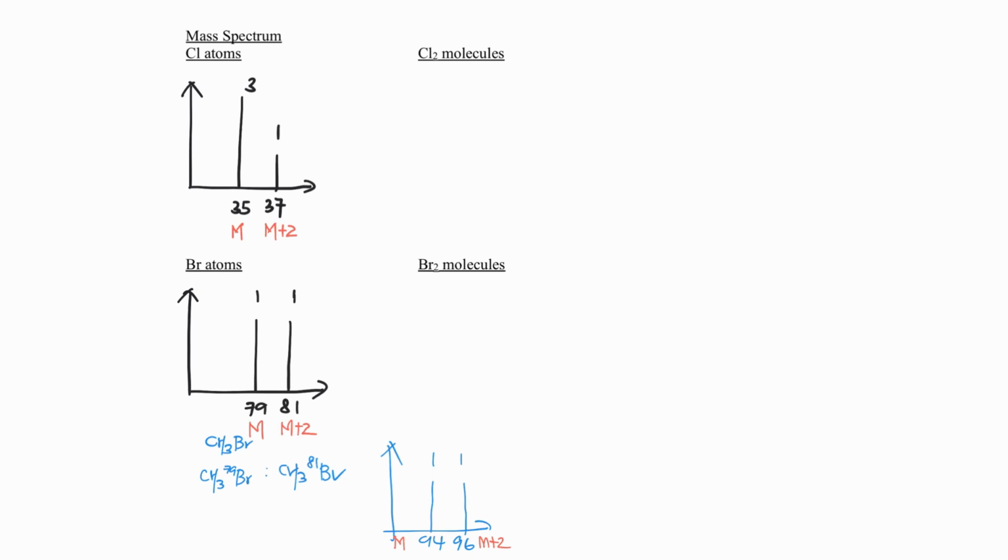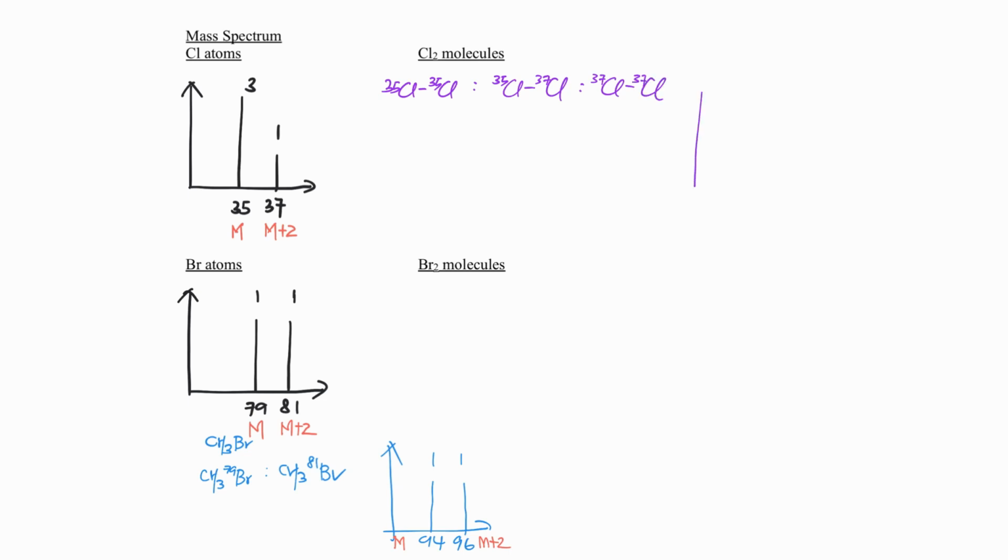What if we have a molecule with two chlorine atoms? The possible combinations for two Cl atoms are 35 chlorine with 35 chlorine, 35 chlorine with 37 chlorine, and lastly 37 chlorine with 37 chlorine.